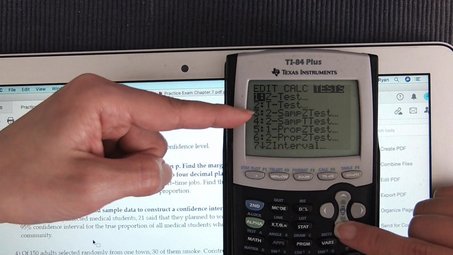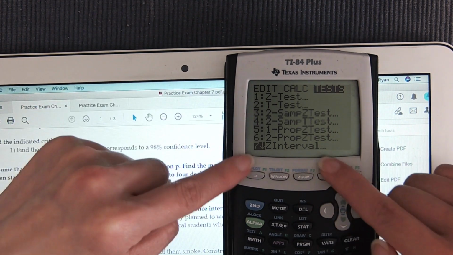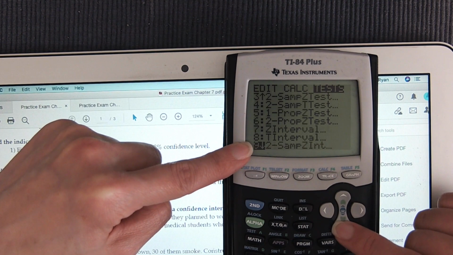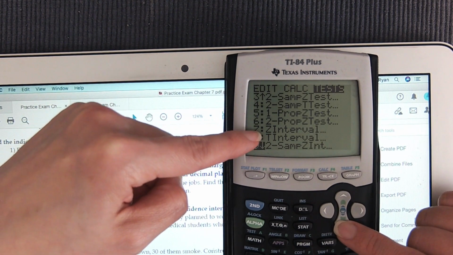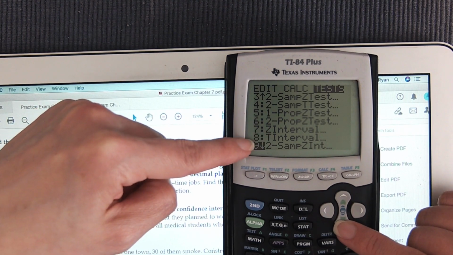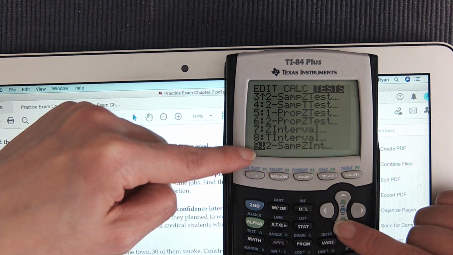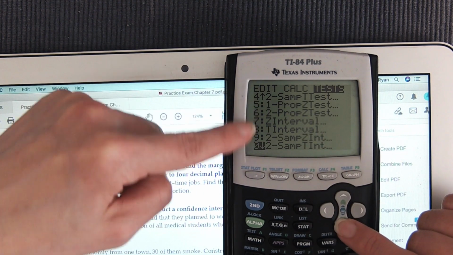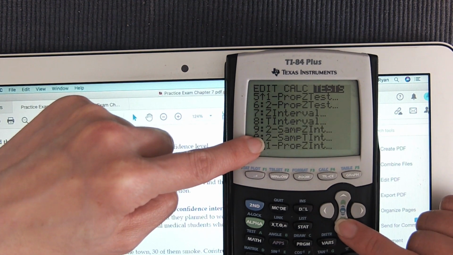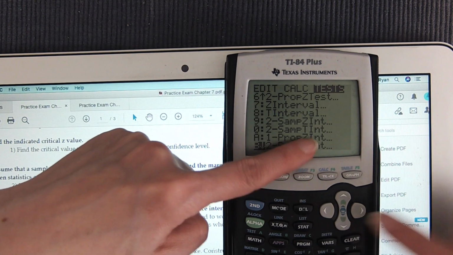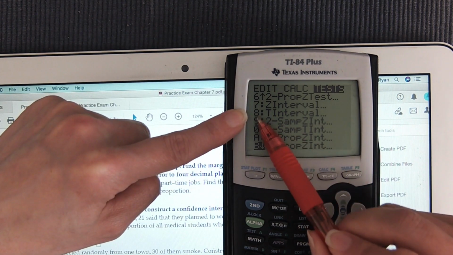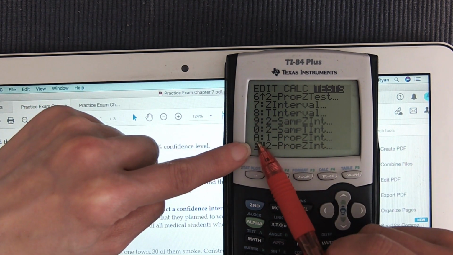Look at chapter 7, where the intervals start. It's called a Z interval, T interval, and we don't use the two-sample ones. One prop Z interval. So you pay attention to the 8, 9, and the A.